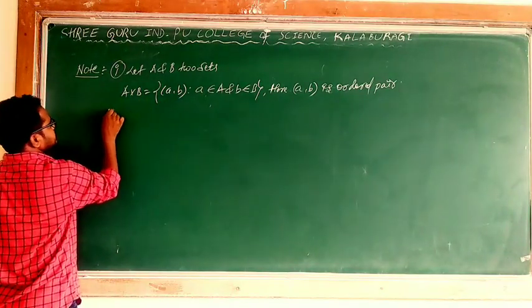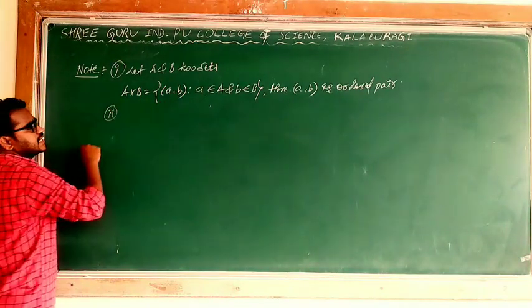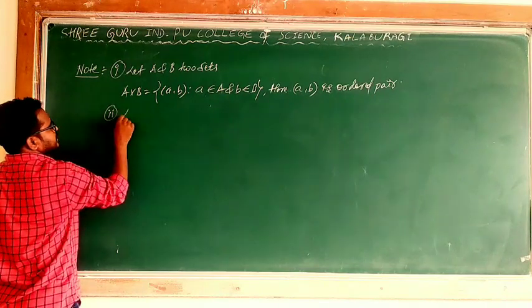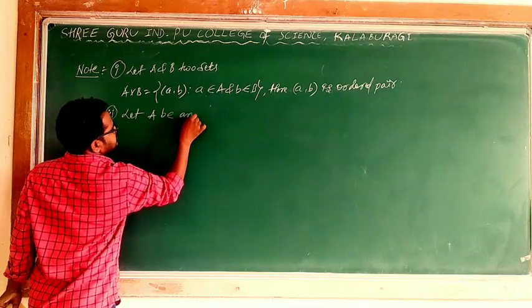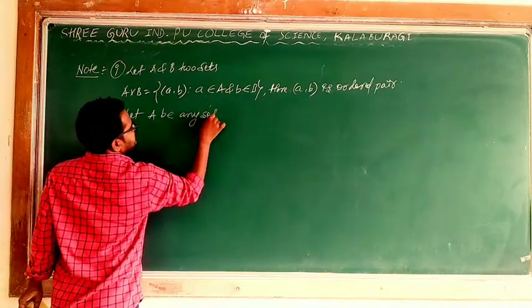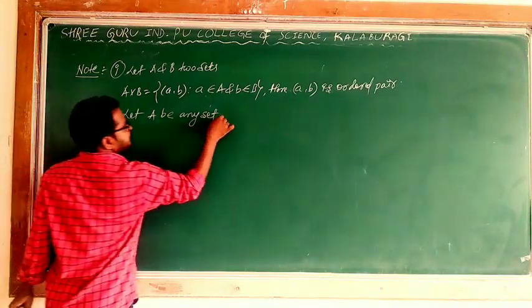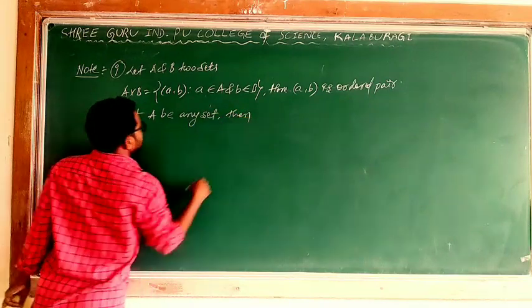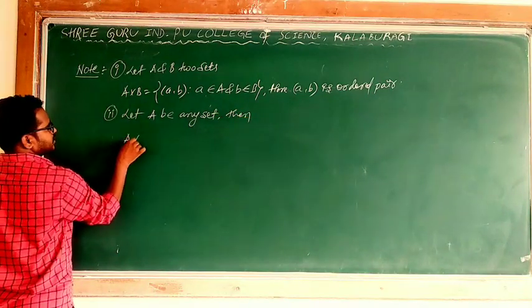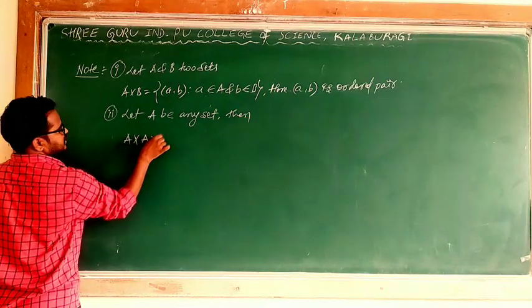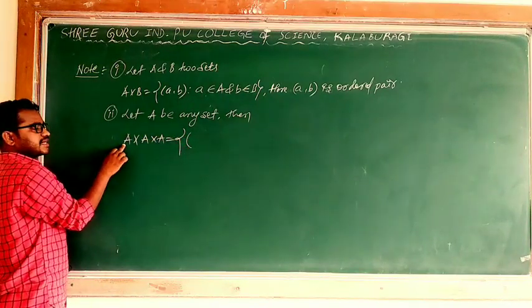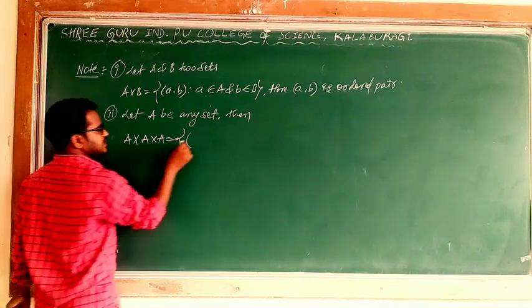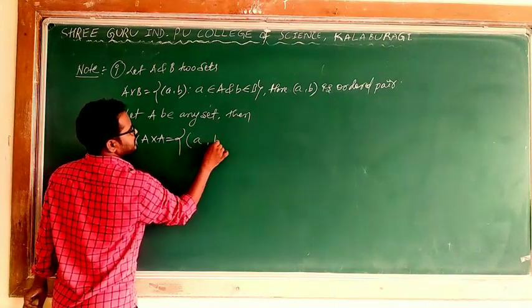Second one: let A be any set. If you are saying A cross A cross A, that is the Cartesian product of three sets, which gives (a, b, c).